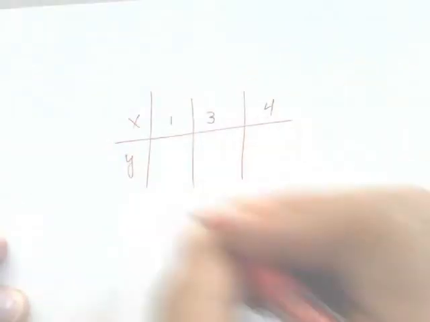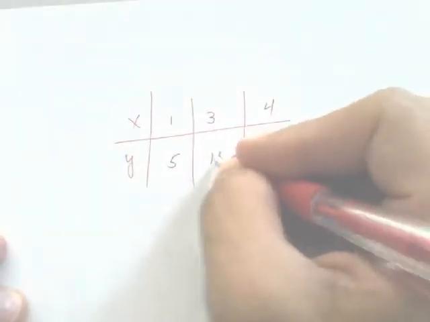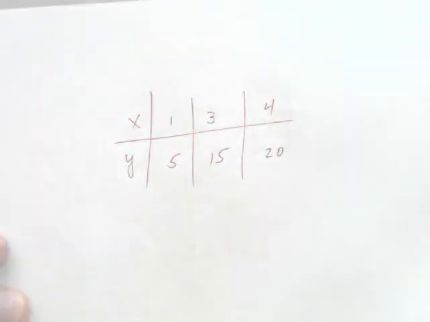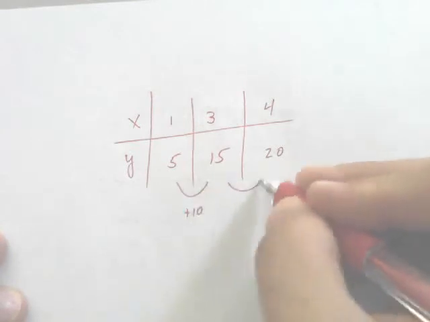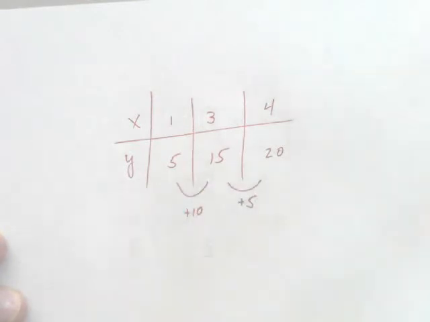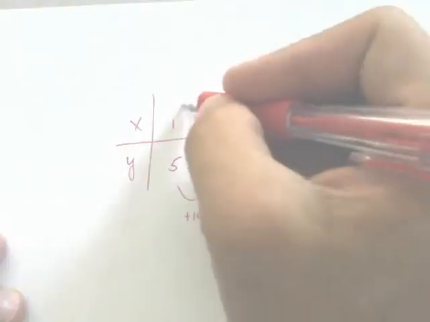Now sometimes we hide a linear table a little bit better. For example, let's say I go 1, 3, 4, and let's say we go 5, 15, 20. At first glance, you might look at this table and go, oh, that's up 10, but then we go up 5, and you might think right away, oh, that's not linear. But let's look very carefully at the y's.